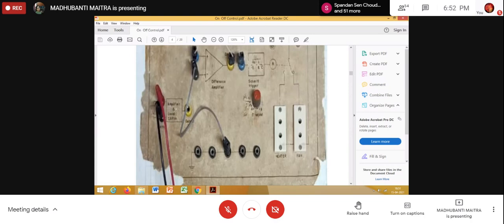Can you see this? Amplifier plus level shifter. Yes, ma'am. So this is the amplifier plus level shifter. The output of the plant is basically input to this amplifier and level shifter block, which is the output transducer, and this is the output terminal of this particular block. These are the ground terminals, as you can see.